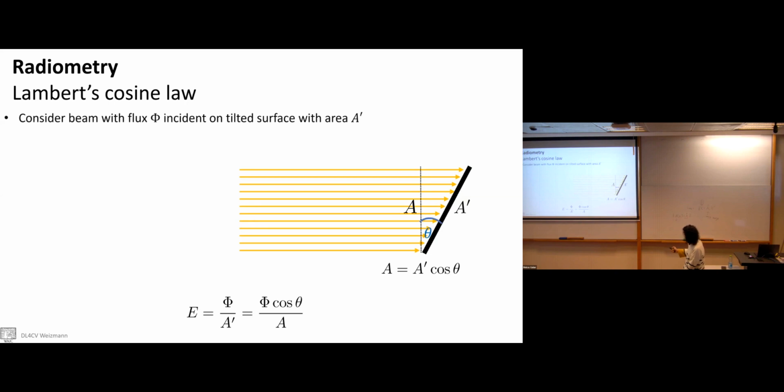And the tilted area is tilted by an angle theta, like what we heard in the Zoom just before. So what happens now? A prime is larger than A, right? So the same flux is going to be spread over a larger area, A prime. So is the irradiance going to be smaller or larger than before?